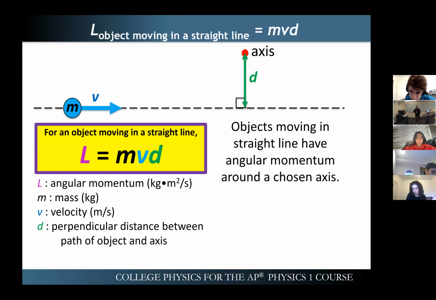You can see some connections, so you might get some intuition. Angular momentum is I times omega, and I has to do with inertia, so does mass. We also know that rotational velocity and linear velocity are connected by radius.